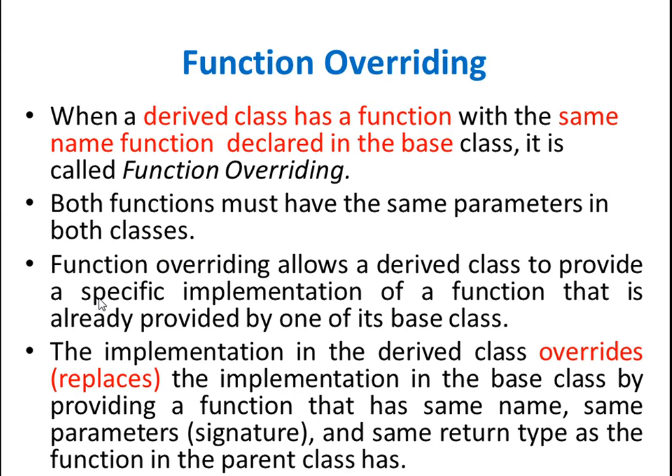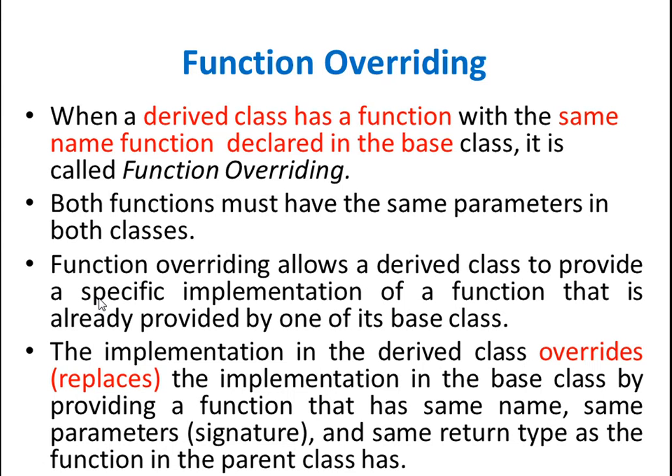When we derive any class from a base class, whatever is declared in the base class is inherited into the derived class. Both functions must have the same parameters in both classes, meaning the name of the function and the parameters are the same in both base class as well as derived class.